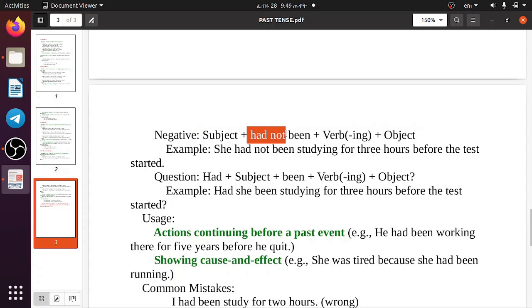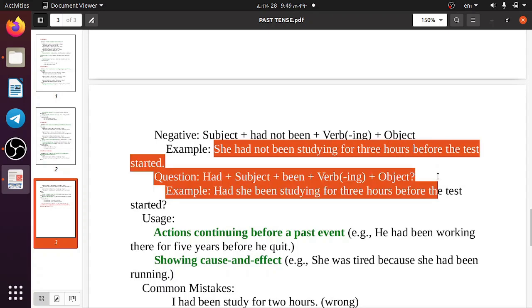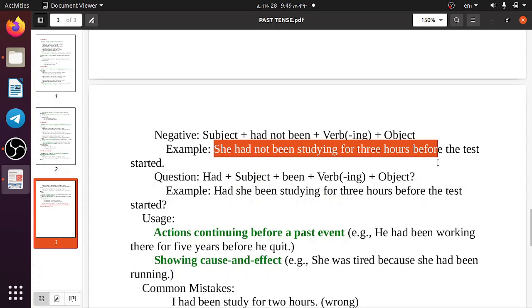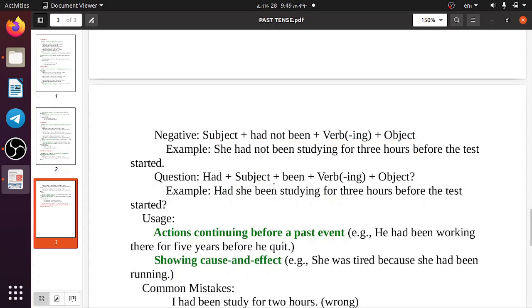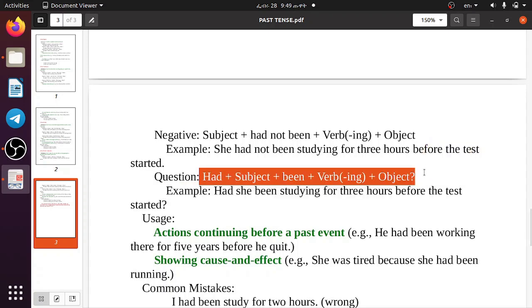The question structure of past perfect continuous tense is had plus subject plus been plus verb ing plus object. For example, had she been studying for 3 hours before the test started? This is the question form.